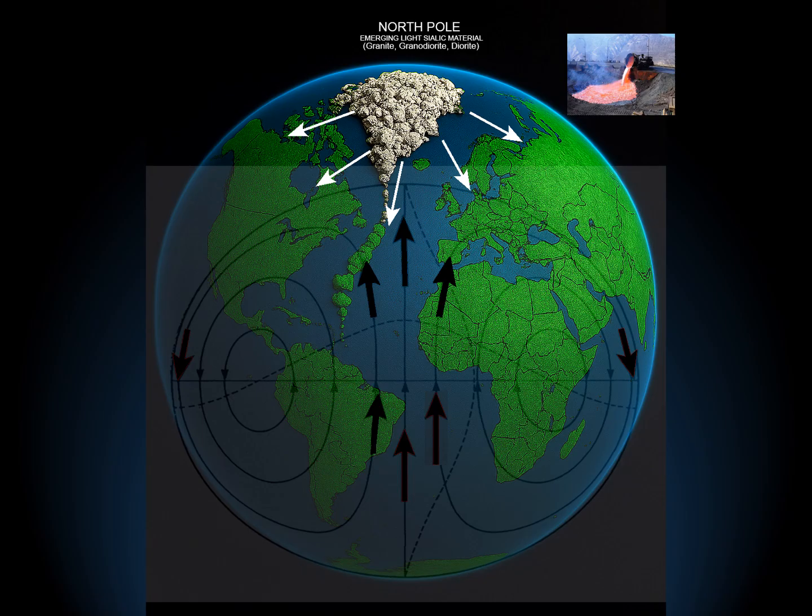The black arrows show the internal migration of mantle material northward. This happens because of Rayleigh-Bénard convection at spherical harmonic 1. This took place more than 4,000 million years ago, long before the Earth had a core.